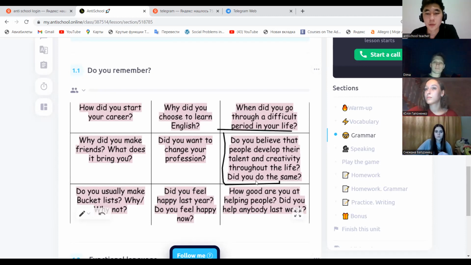Do you believe that people develop their talent and creativity throughout their life? Are you born talented or do you develop it through your life?